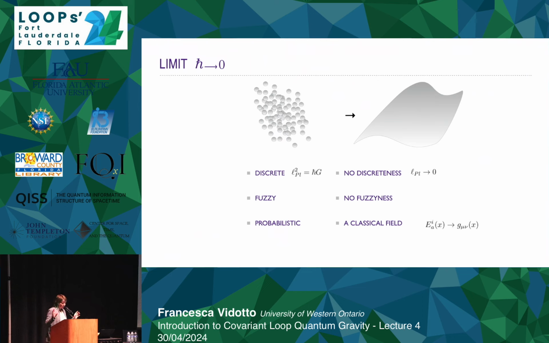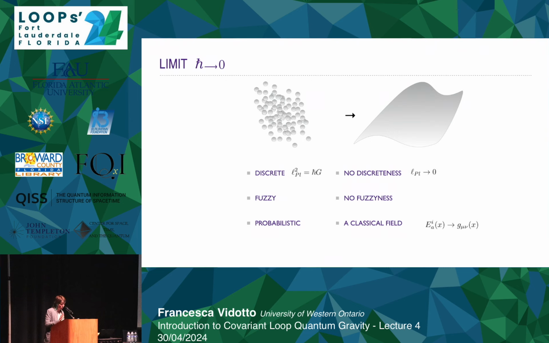So we have discreteness, fuzziness, transition amplitudes, and then in the limit h bar going to 0, the classical limit is more complicated than that, but let me just consider this in a naive way.